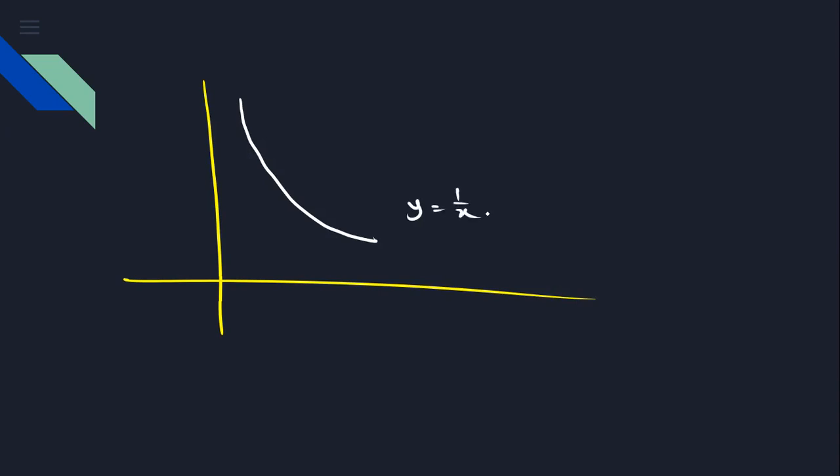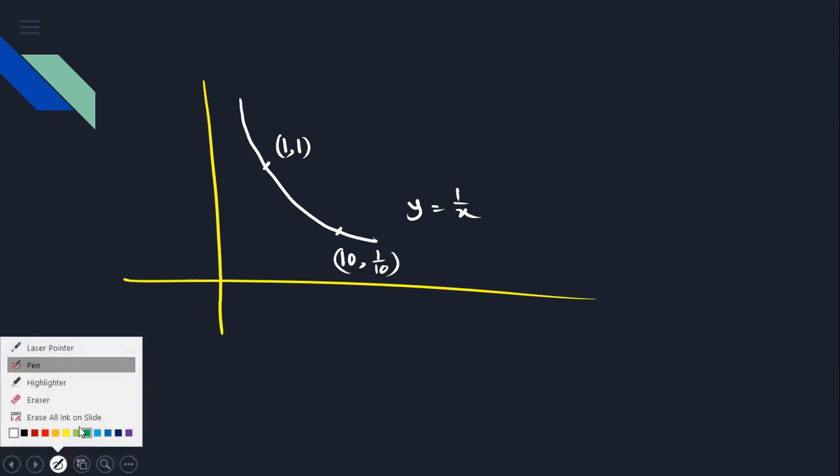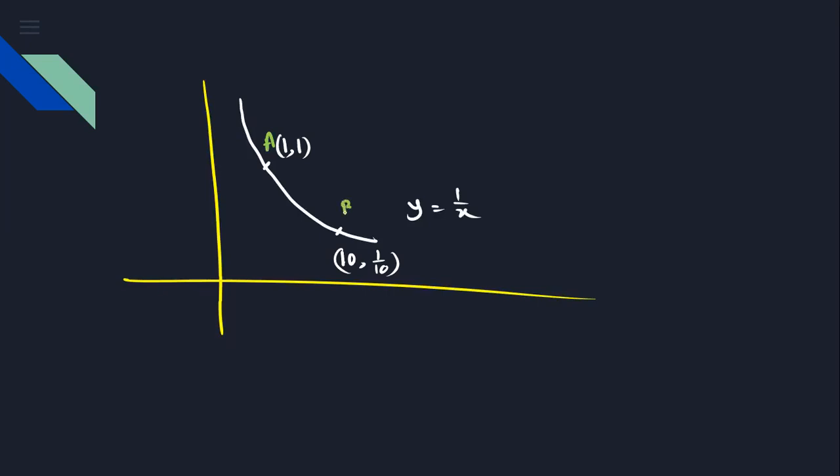If we know this point and this point, suppose that the value of x is 1 and the value of y is 1, and the value of x is 10 and the value of y is 1 over 10. Then if someone tries to calculate the length of a to b of this curve, he will need line integration. So line integration is very important.